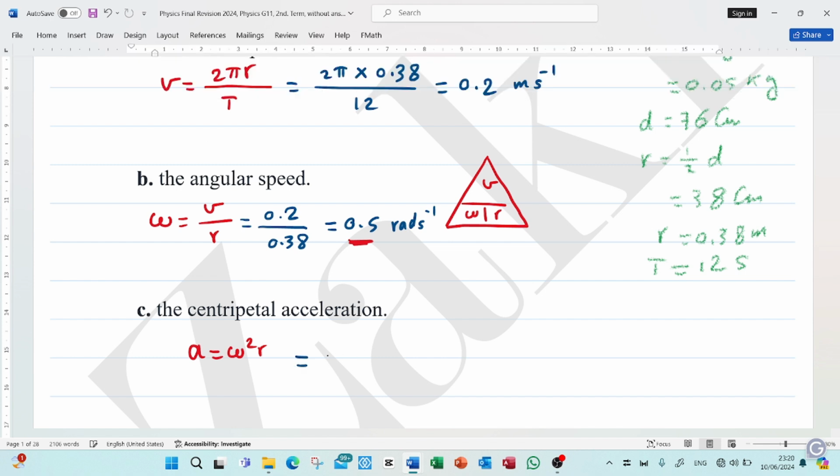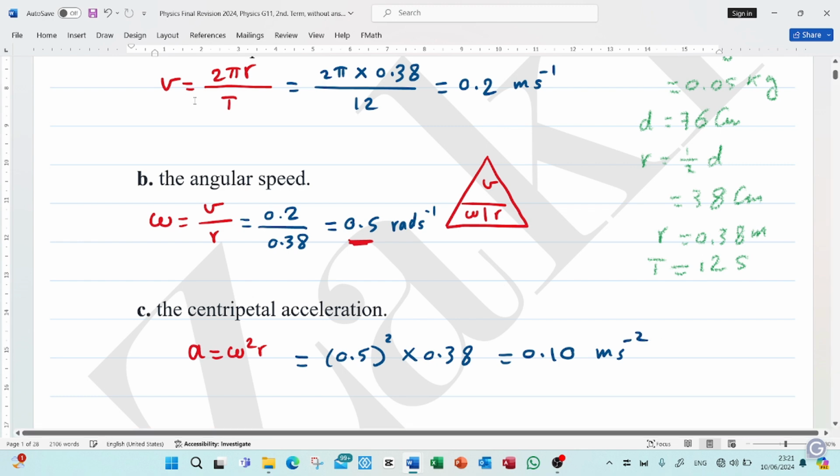Omega is 0.5 squared multiply R, 0.38. The answer is 0.10. The unit of acceleration is meter per second squared.